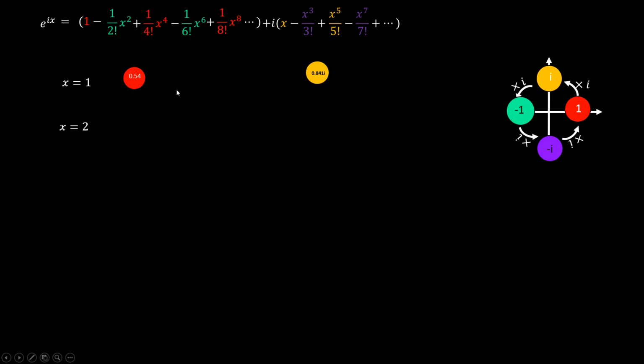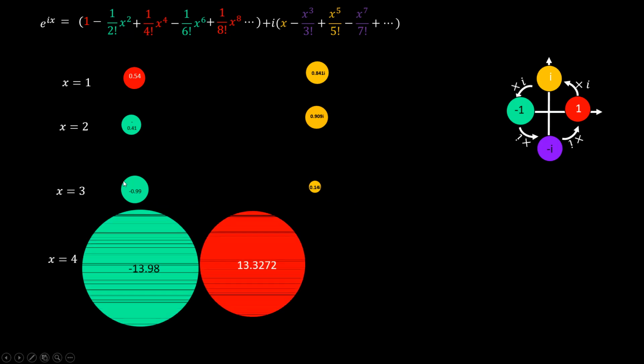As x gets bigger, both increase, but now the green dominates, resulting in 0.4 unit of green. Both i elements increase too. Now yellow gets a bit stronger. With increasing x, all the individual elements increase, but not proportionally.